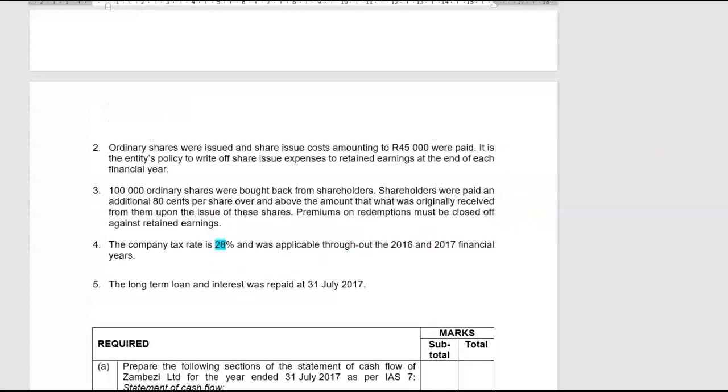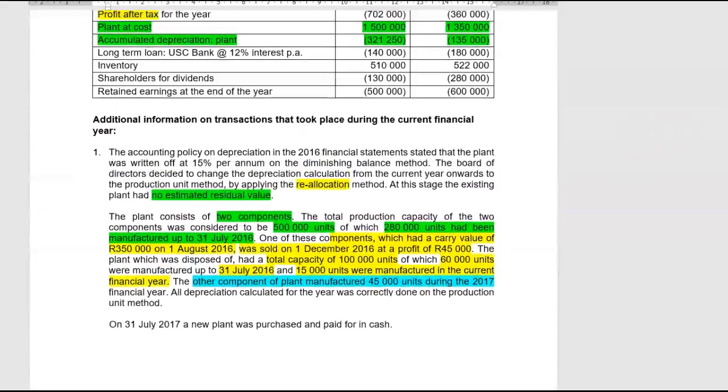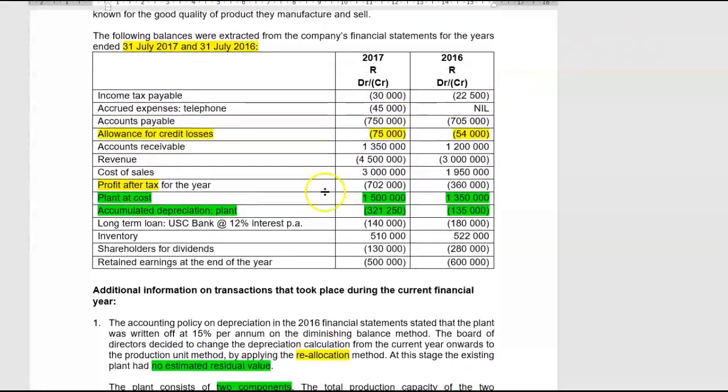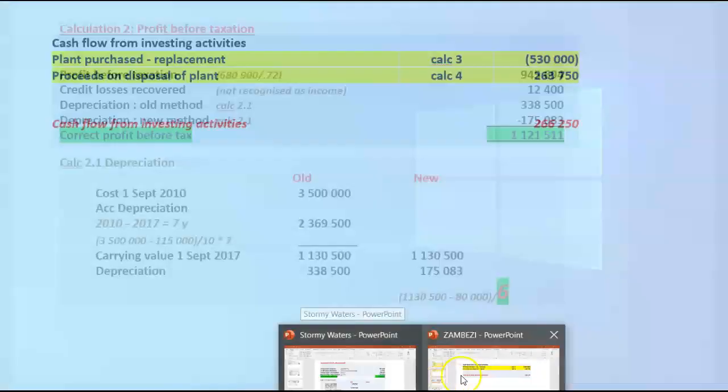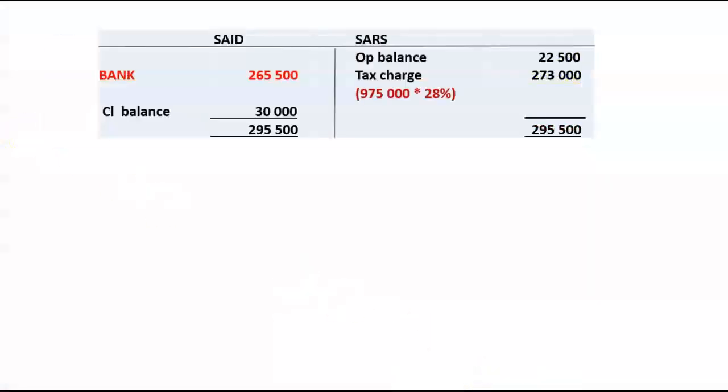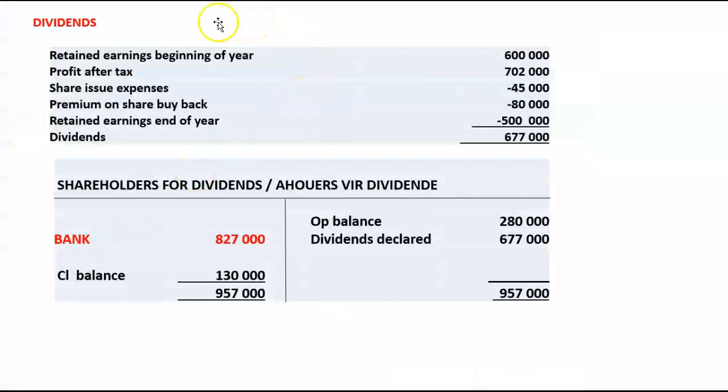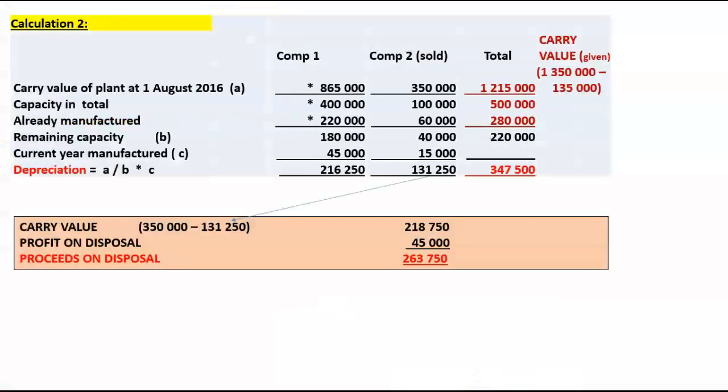Great. There's nothing funny in this question. So that means if they gave us the profit after tax for the year, the 702,000, we're just going to gross that one up to a before tax figure. So when we get to our profit for the year, we just find it.